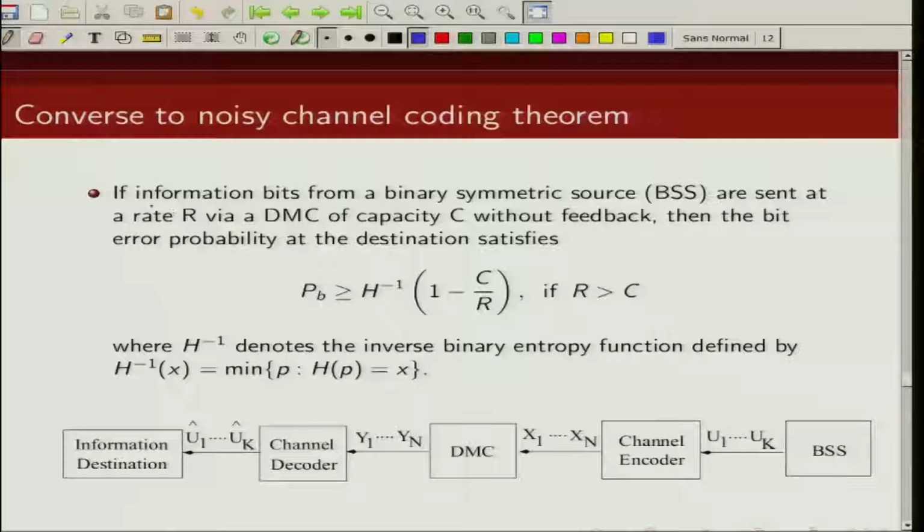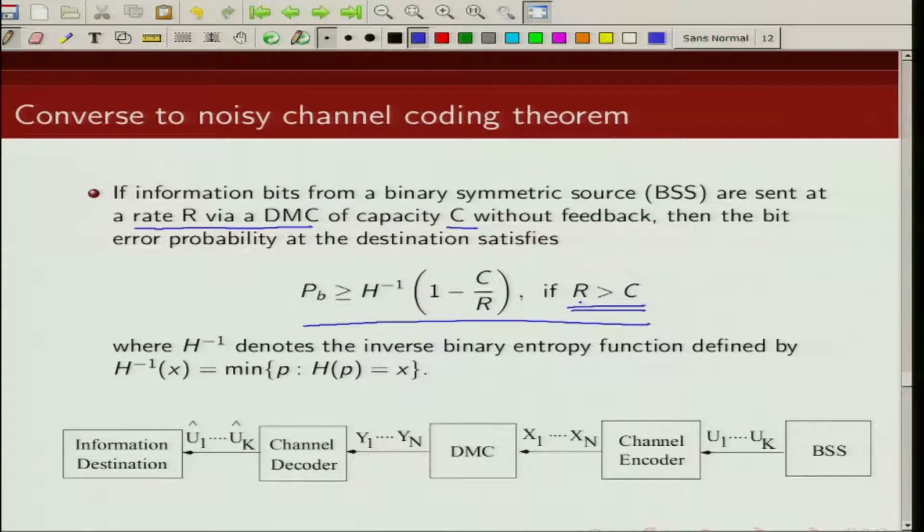So we consider a binary symmetric source. If information bits from a binary symmetric source are sent at a rate R via a discrete memoryless channel whose capacity is C, then probability of error is lower bounded by H inverse of 1 minus C by R, where the transmission rate is above capacity.